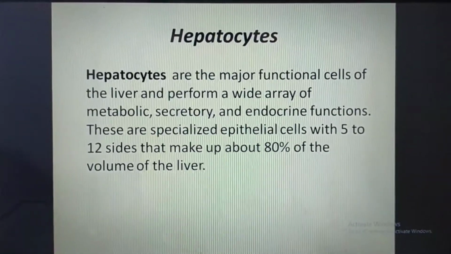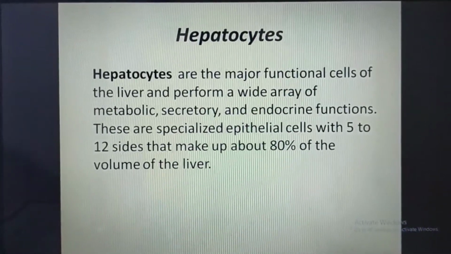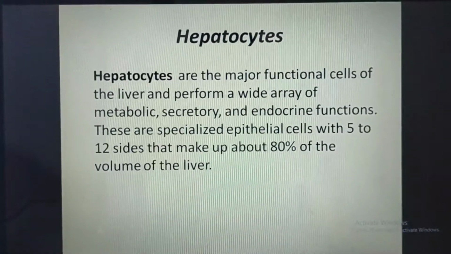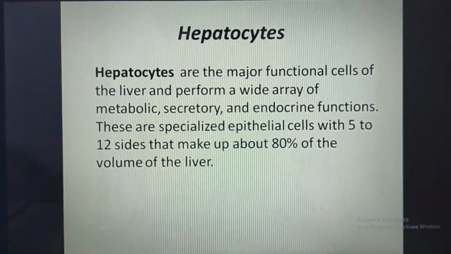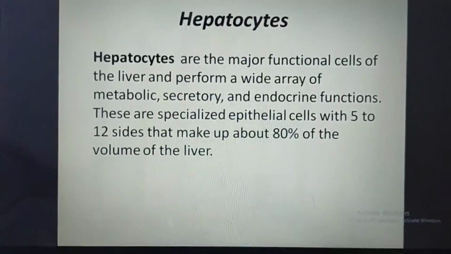Hepatocytes are the major functional cells of the liver and perform a wide array of metabolic, secretory, and endocrine functions. These are specialized epithelial cells with 5 to 12 sides that make up about 80% of the volume of the liver.